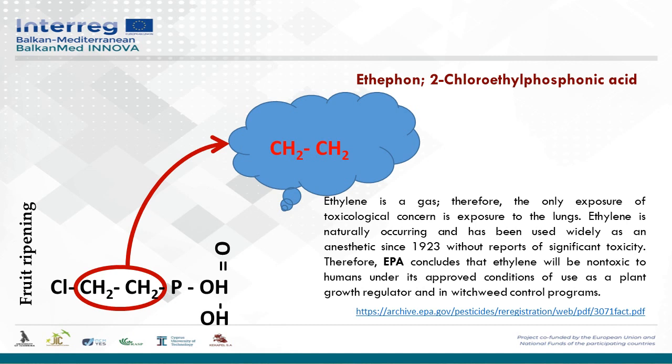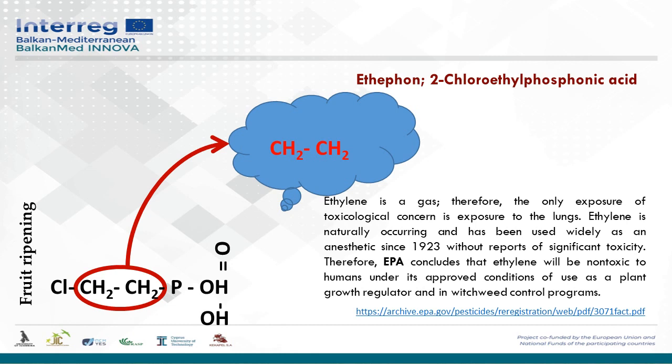And more about the use and the impacts of ethylene on human health and environment you can find in these links here, which also include the link to the Environmental Protection Agency of the United States of America.